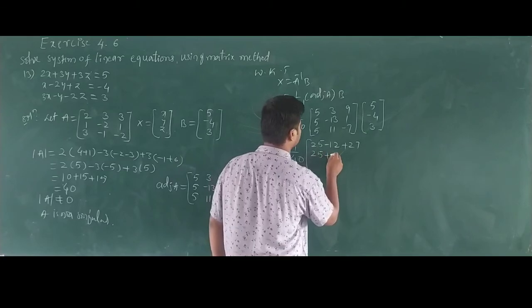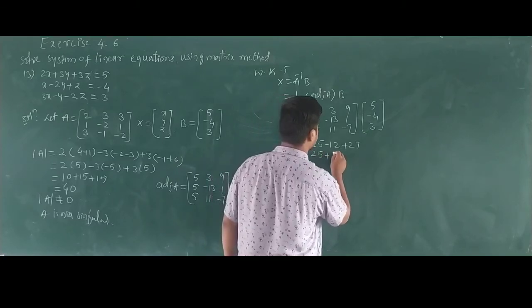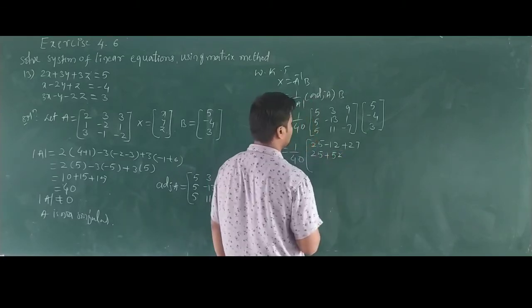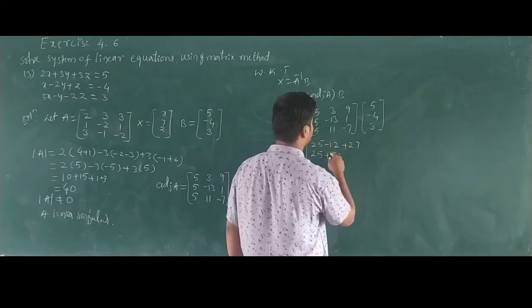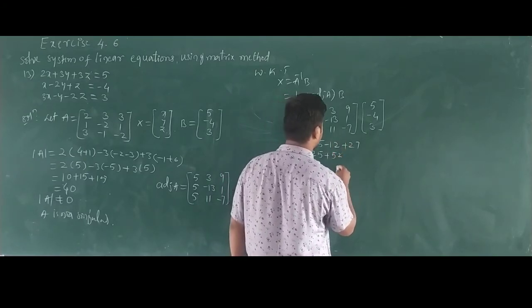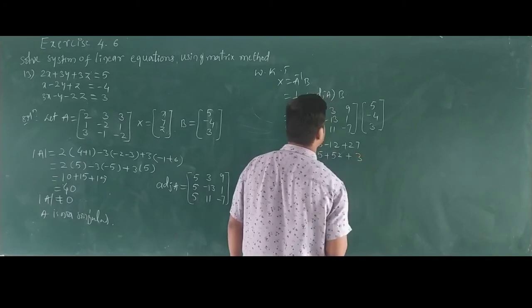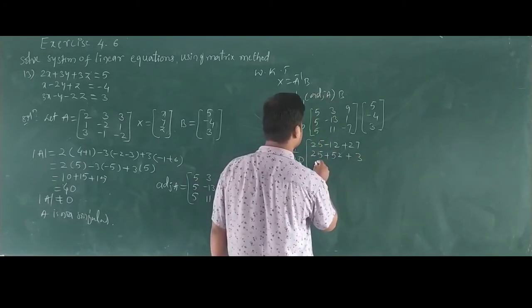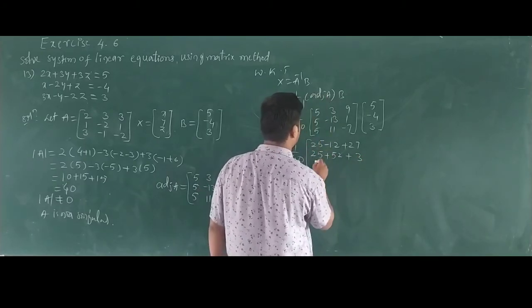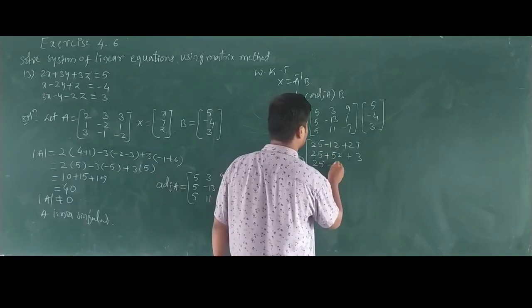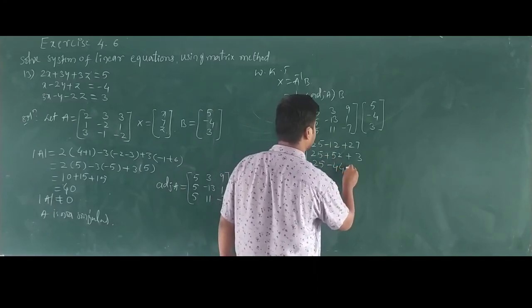Second row: 25 plus 52 plus 3. Third row: 25 minus 44 minus 21.